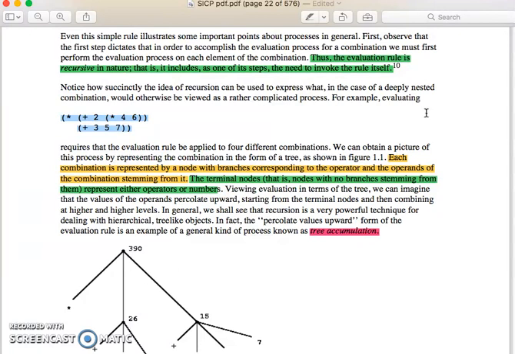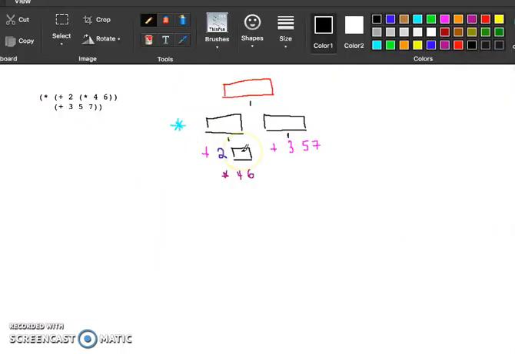For example, evaluating, and then I'm going to go ahead and do this. This expression here requires the evaluation rule be applied to 4 different combinations. You can obtain a picture of this combination process by representing the combination in the form of a tree, as shown in figure 1.1. So here's what I do. We do all the interior ones and then we work out, just like you do normally. I've got this set up so we can see what it does.